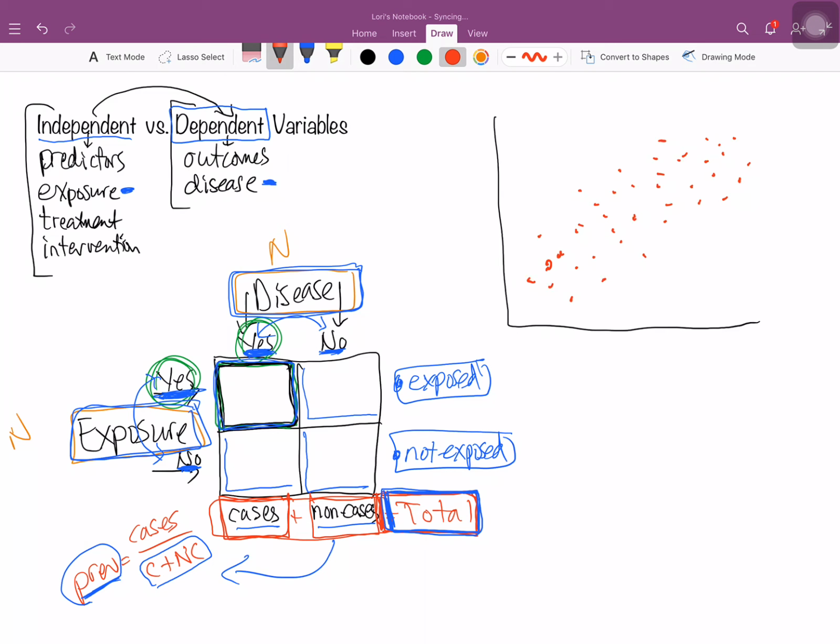And what this is, instead of being a yes-no relationship between exposure, yes-no, and disease, yes-no, this now is on a continuum. And by convention, we typically put exposure along a continuum on the x-axis, and we put our disease or our outcome by convention on the y-axis.